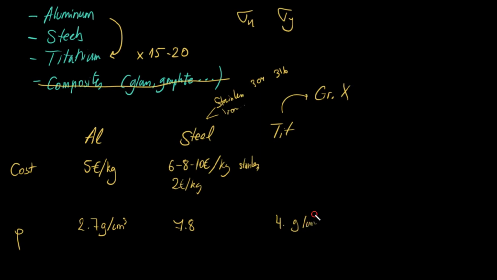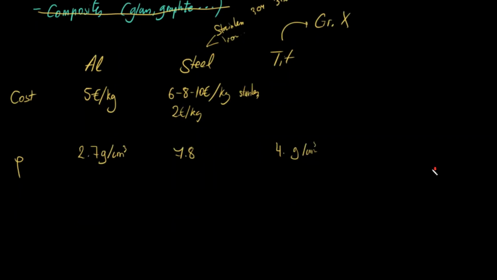And the price is super high, maybe 15 times more than aluminum. It's just crazy high. So unless you're a millionaire, I don't think you'll be using titanium extensively on a student project.